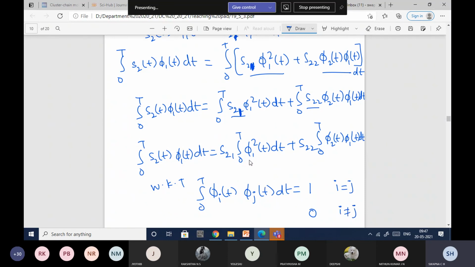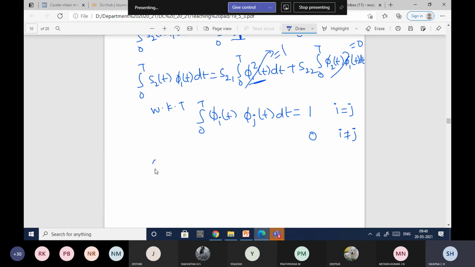See here I have phi1 square, in the sense i and j values are equal to 1, so this entire thing I'll replace with 1. And what about here, phi1 of t, phi2 of t, so when i is not equal to j, its value will be equal to 0, so I will represent the same thing.